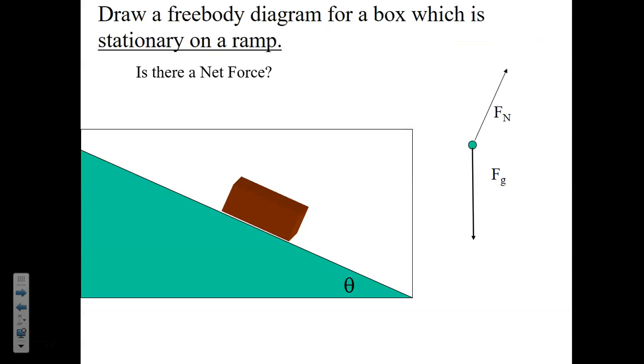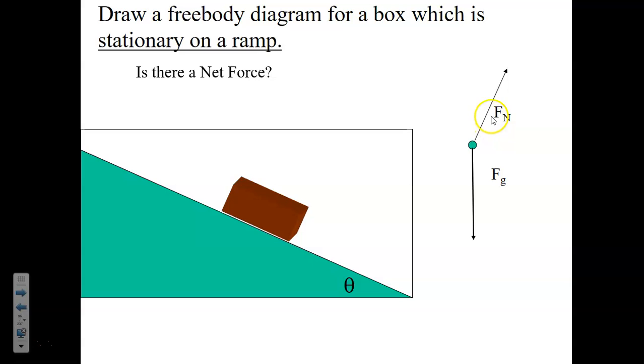The last thing I want to show you today is a trick that we do when an object is on a sloped surface. Here we've got a box on a sloped surface, and it's stationary. That tells me that the forces on it are balanced. We've got the force of gravity down.